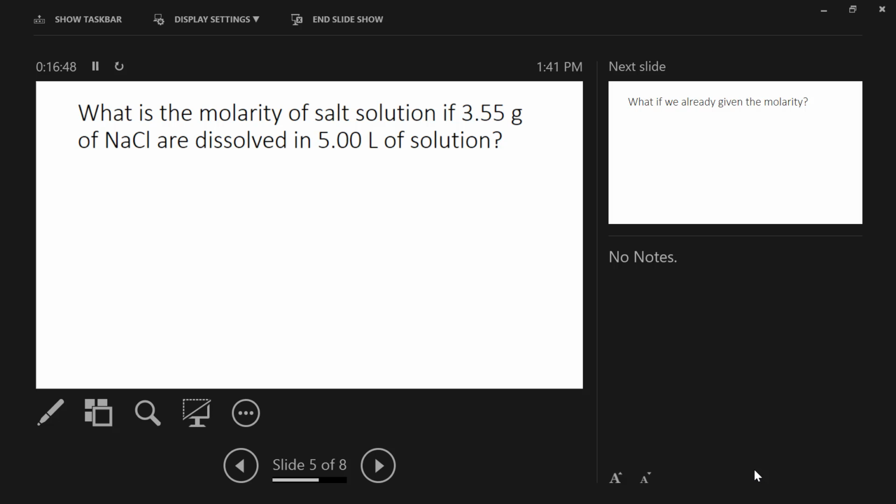Okay, 3.55 divided by 58.5. 0.06 grams. Oh my goodness. Grams cancel. We're left just with a number. And what is this number? It's the number of moles that we have.